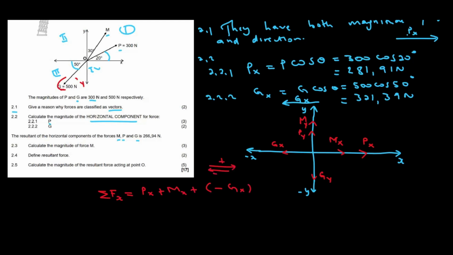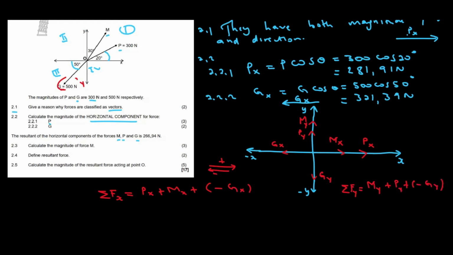So this one is going to carry a negative sign. Okay, I can do the same for vectors in Y. So the sum of forces in Y is going to be M in Y plus P in Y plus, and now we're going to subtract this one, so this is negative G in Y. Okay, right.